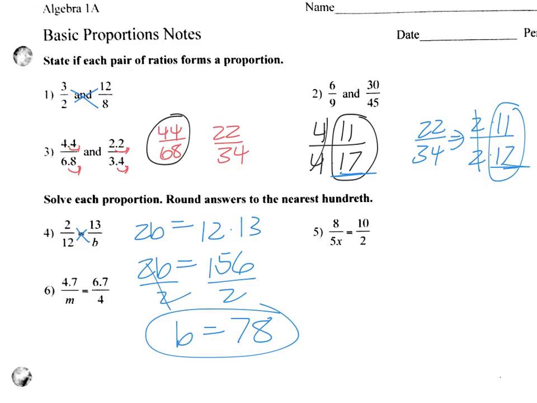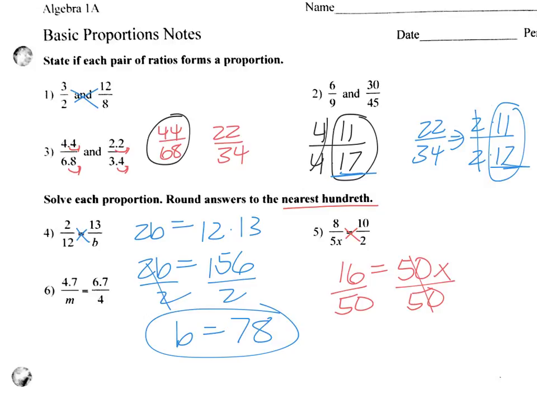Okay, let's do number 5. Cross multiply. 8 times 2 is 16. 5x times 10 would be 50x. Divide by 50. Now, when you get to this point, one thing you have to do is read the directions. This says round to the nearest hundredth. Now that's important because you want to make sure that you put it in the format it wants.